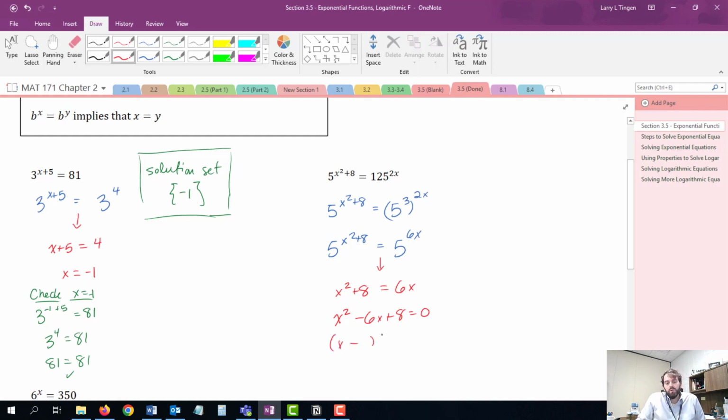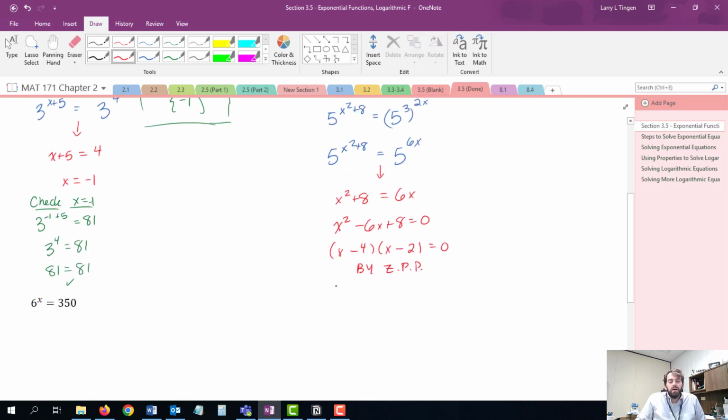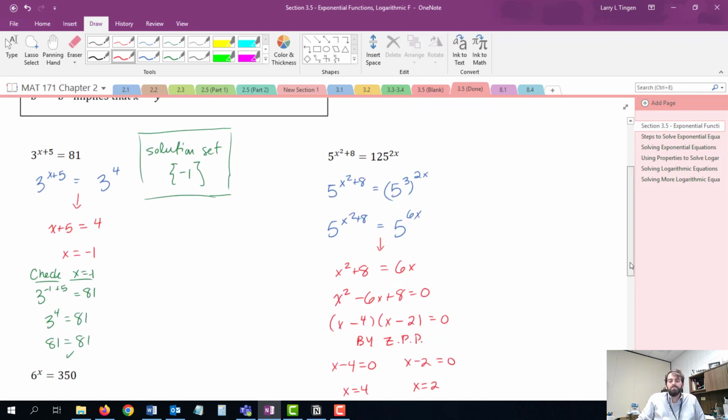We know both those numbers have to be negative because they multiply to a positive but add to a negative. Those are 4 and 2. By the zero product principle, I know that if two things multiply to 0, one of them is 0. So x is 4, x is 2.